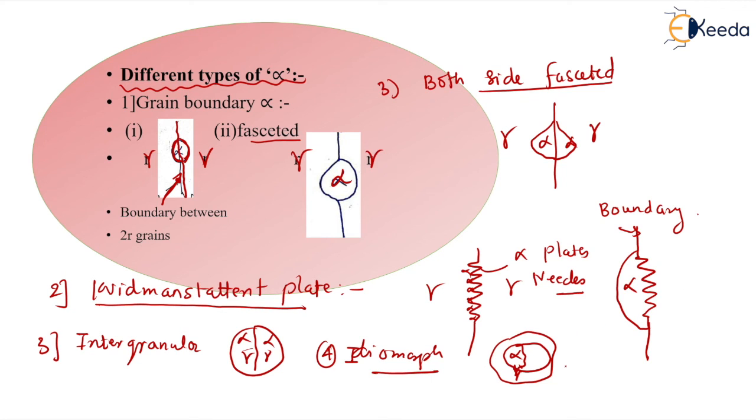Actually this has the least probability of formation. Of course, I think this is not in the scope of our syllabus, but these are the different types of alpha we are having.